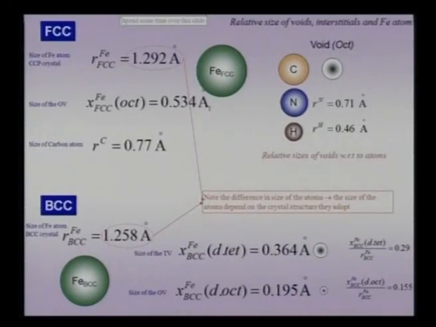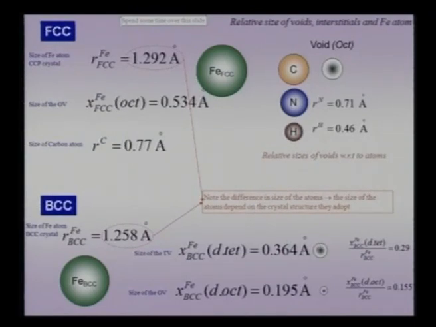When we take up the BCC crystal, then we see that the void sizes are considerably smaller. This is now my octahedral void, which is smaller, and the tetrahedral void, which is bigger, is also smaller than the octahedral void in FCC or any of the atoms. So, my tetrahedral void in BCC is about 0.364, which means that even a hydrogen atom cannot fit into this void.